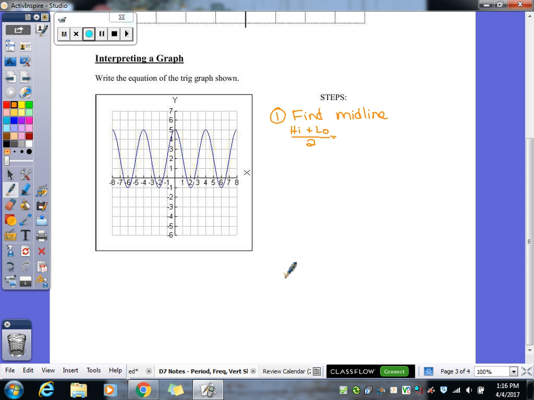You're trying to find the middle. So our high value is 5. Low value is -1, and it's divided by a 2. So our midline is where? 2. So then I actually go through, and I strongly recommend actually drawing it in there, because it's going to make your life so much easier.